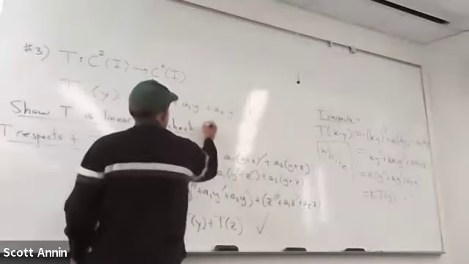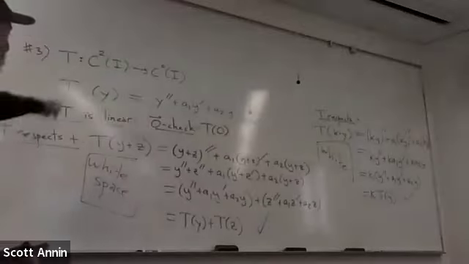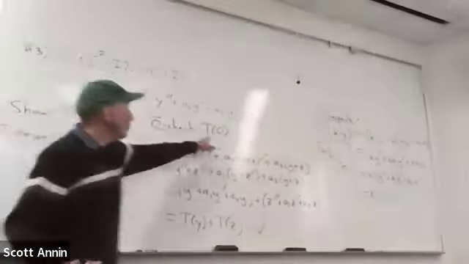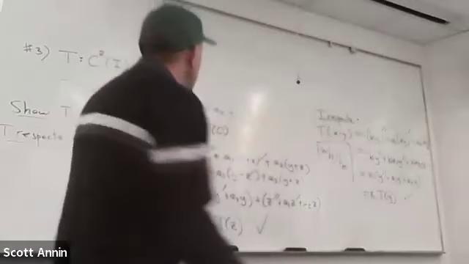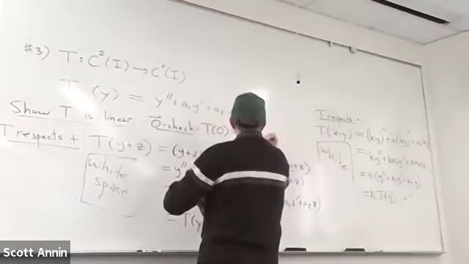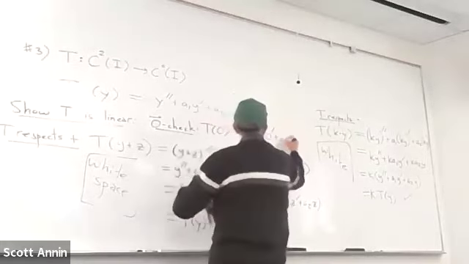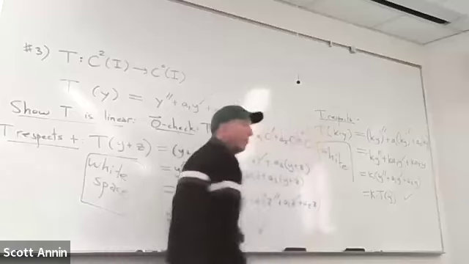The zero vector check would just be making sure that if you plug in 0 as your function, this is not the number 0, by the way, this is the function 0, into your formula, that means take 2 derivatives of 0 plus a1 times 1 derivative of 0 plus a2 times 0. You just need to make sure that you do get 0.